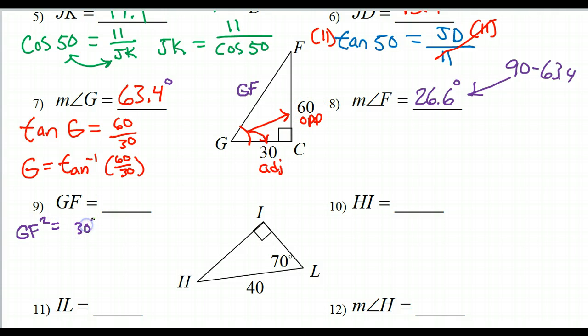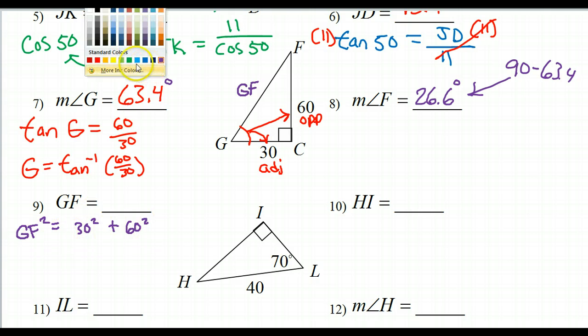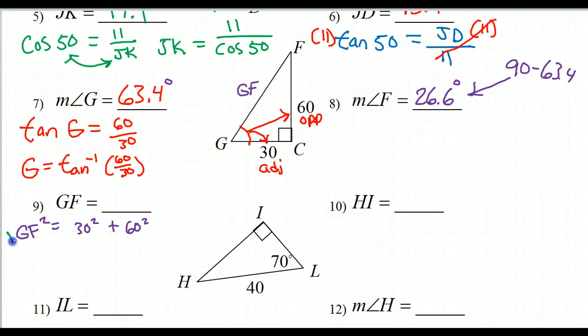So 30 squared plus 60 squared. Take the square root of both sides. I can just put that in my calculator. That is 67.1. All right, so that's GF.